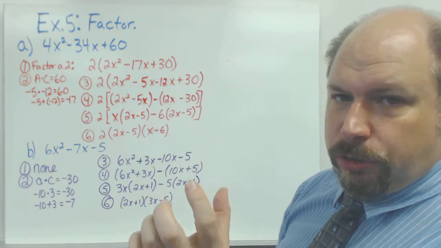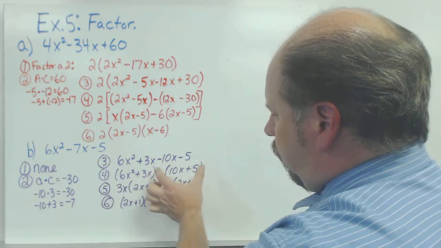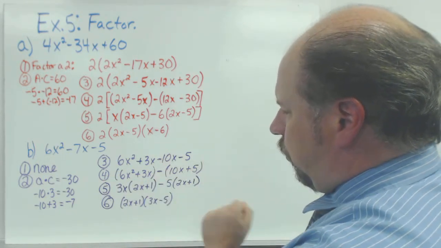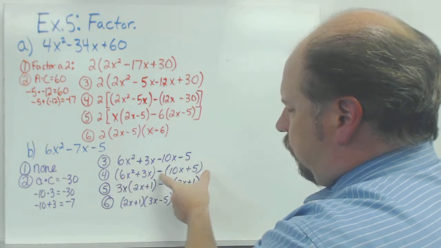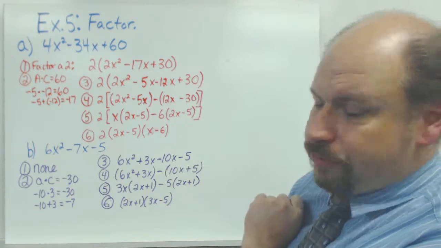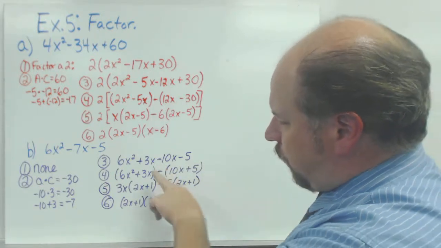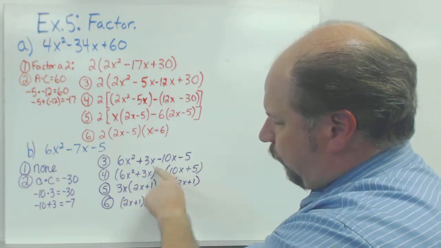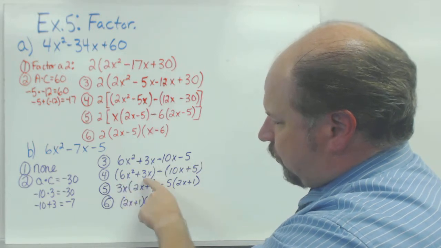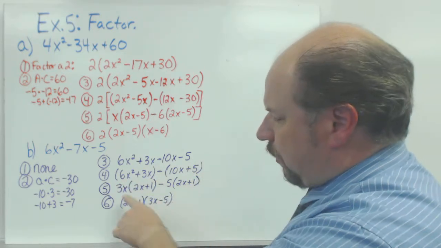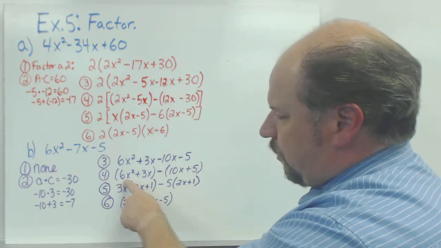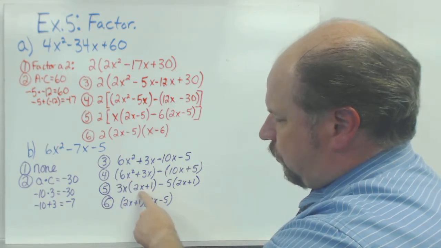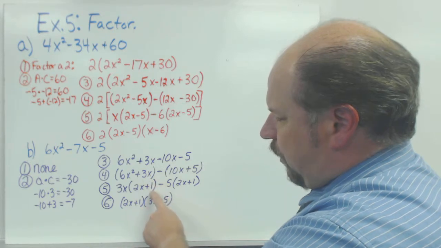Okay, now we're going to group these two terms together and group these two terms together. So we have 6x squared plus 3x minus the quantity 10x plus 5. Okay, factor out the GCF from these two terms. Between 6x squared and 3x, the greatest common factor is 3x. If we divide 6x squared by 3x, we get 2x. If we divide 3x by 3x, we get 1.